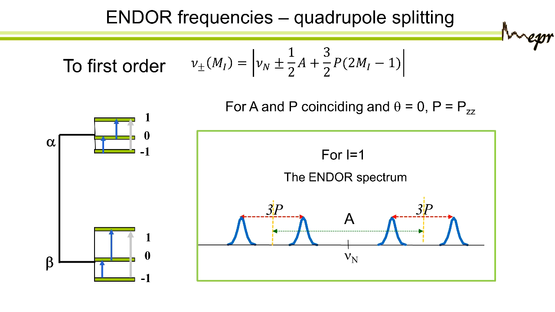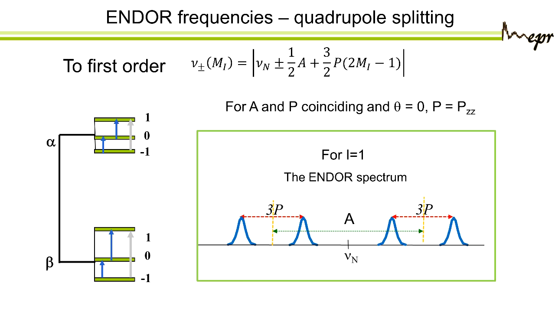P is again orientation dependent, so it depends on the orientation of the quadrupole tensor within the molecule. If we take A and P to coincide, and we take angle theta equals 0, then P here is equal to P_zz.